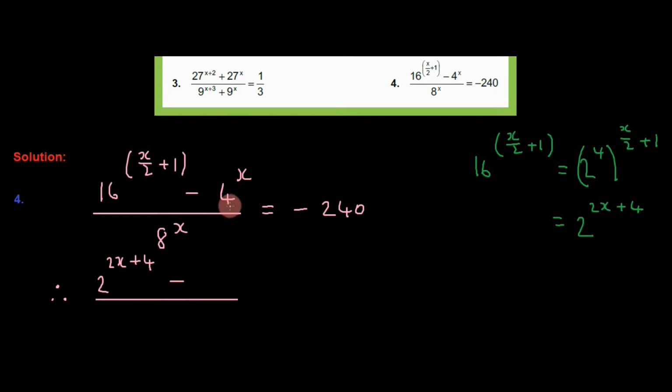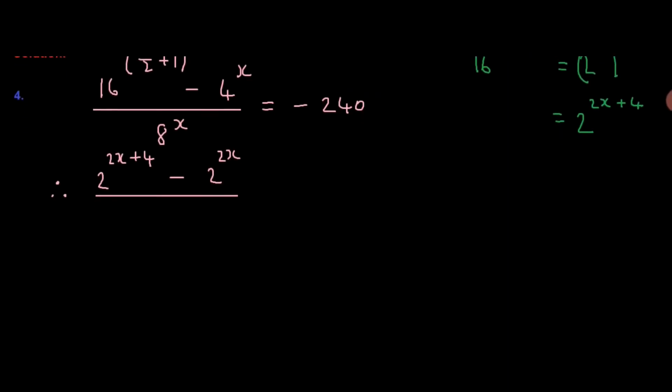And then the 4 to the x we can write as 2 to the 2x. 8 we can write as 2 to the 3x. Now we can split up the first term in the numerator. We can write it as 2 to the 2x times 2 to the 4.